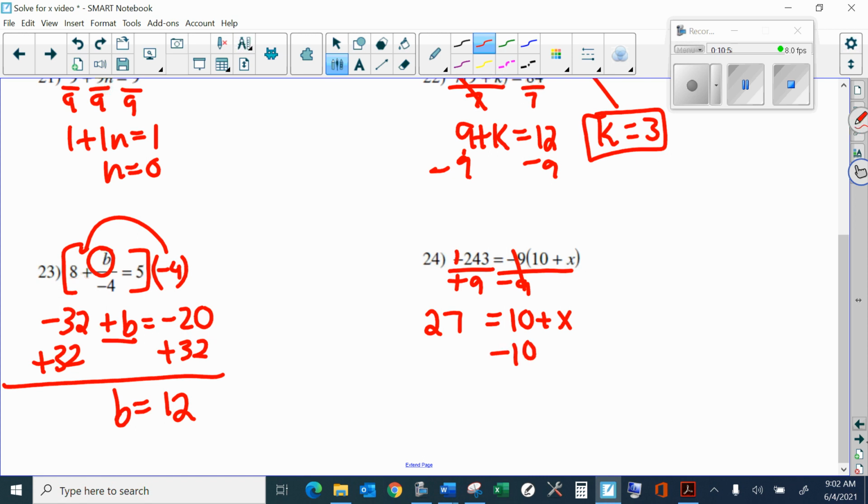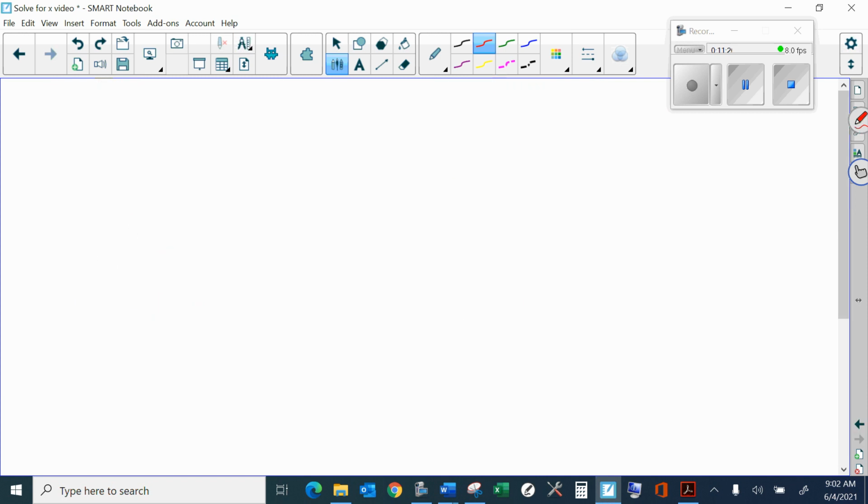Last step, subtract 10, I'm on both sides. And I get 17. Okay. Notice by doing this, you're dropping down to much smaller numbers. I'm not going up to negative 90 plus negative 9x and then moving across. Okay. Keep it as simpler numbers.